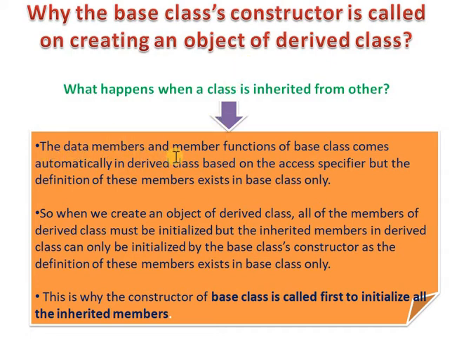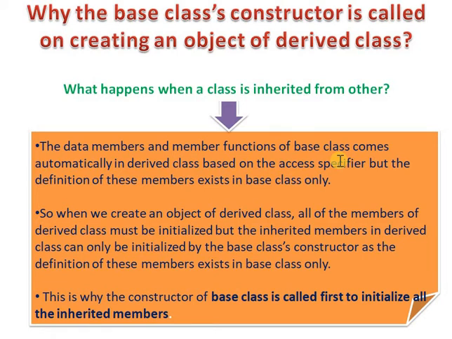The data members and member functions of a base class come automatically into a derived class based on the access specifier, but the definition of these members exists in the base class only.